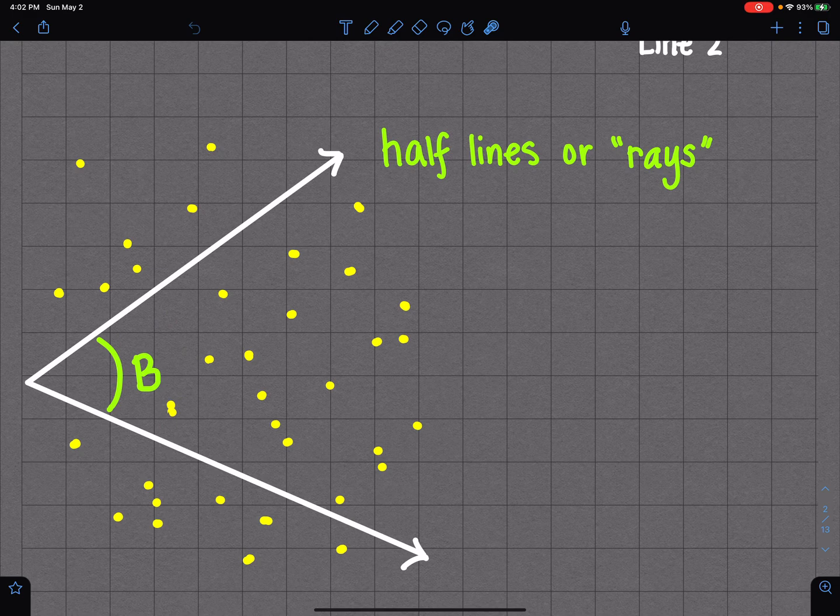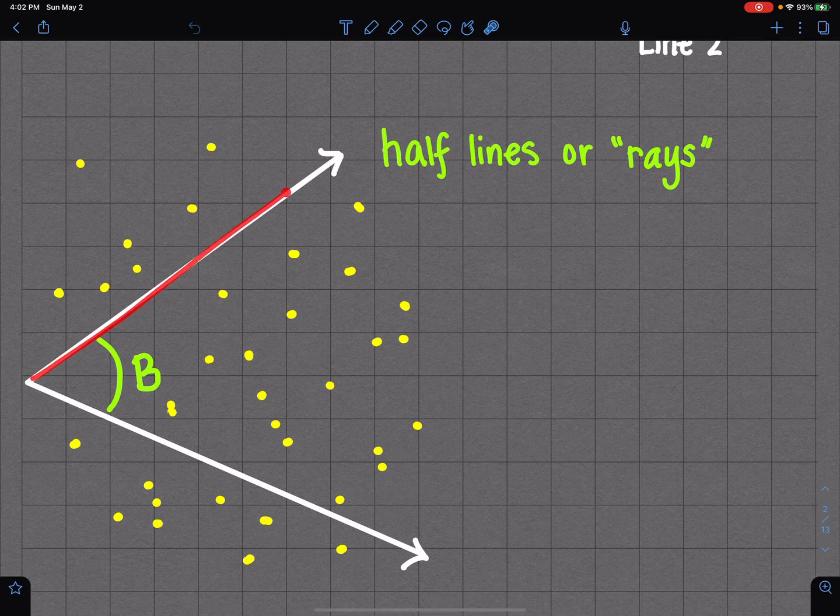The book points out that Europeans think the angle is the space in the middle between those two lines. All of these dots that I'm making here with the red and the yellow dots are within angle B and part of angle B, and that space is what defines the angle. But American mathematicians tend to define the angle by the rays themselves.